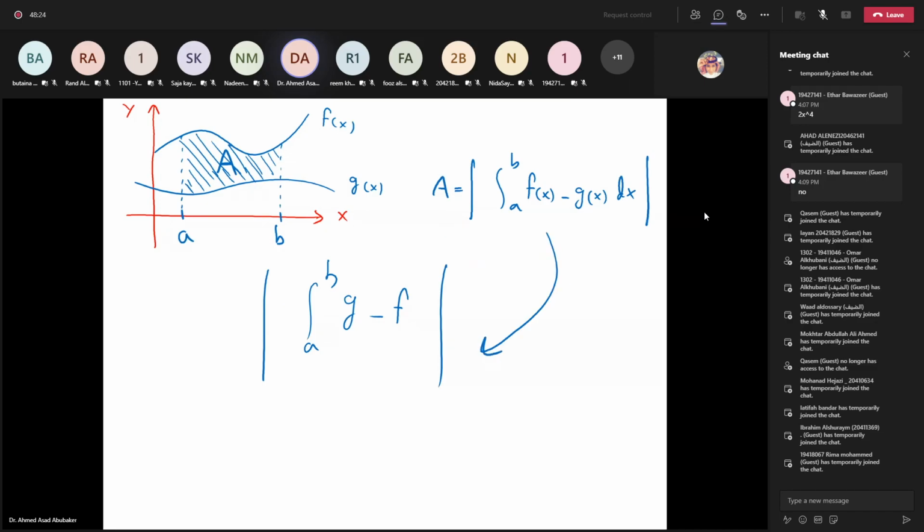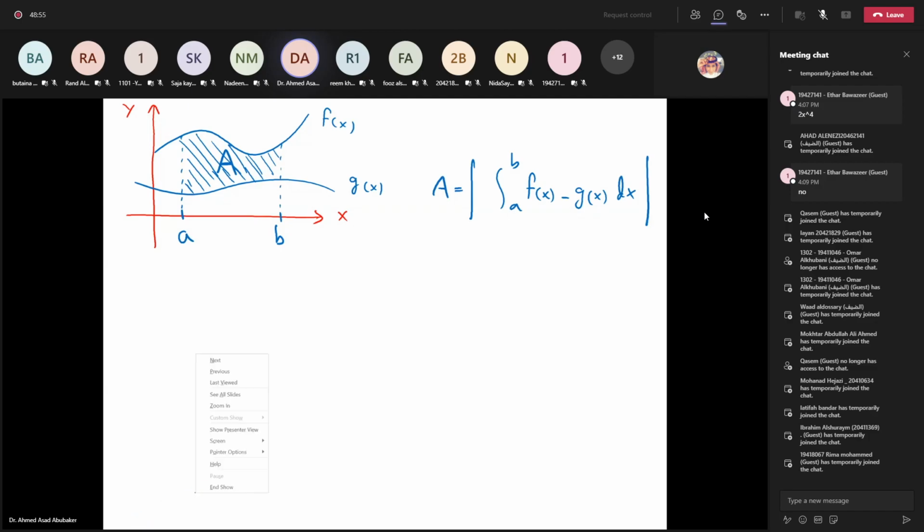This one and this one are equal. Because if the integration of f minus g from A to B equals 5, the integration of g minus f equals minus 5. So with absolute value, f minus g equals g minus f. Okay? So we must put the absolute value to avoid the negative area.